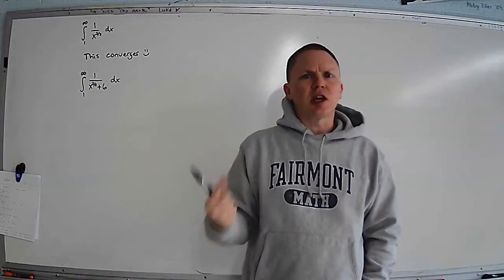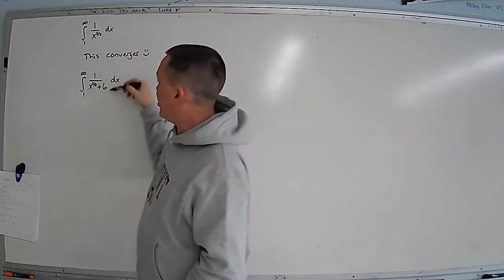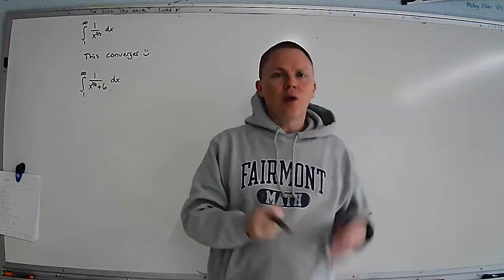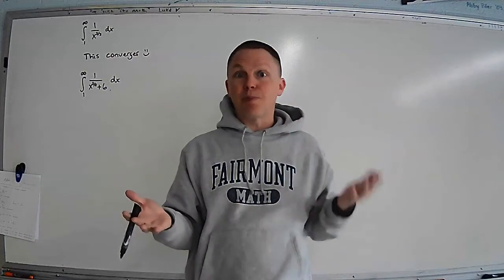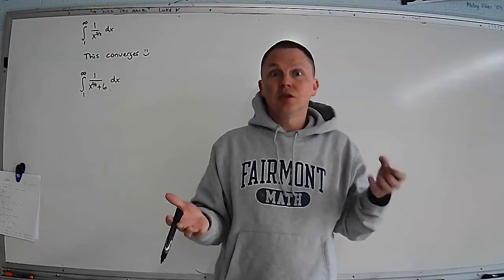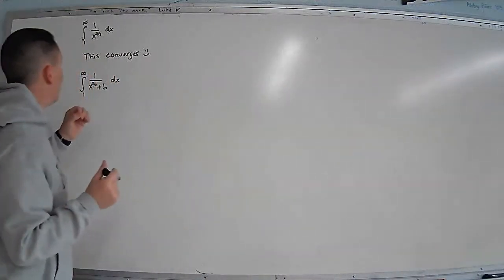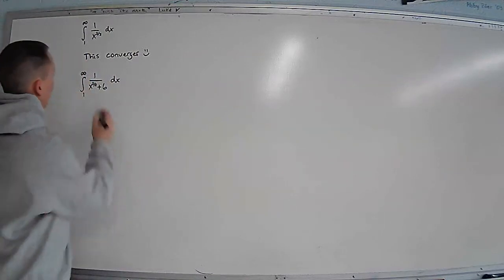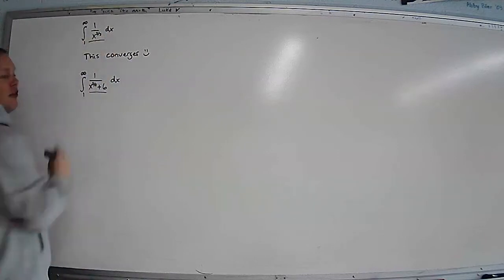But let's think for a second what that plus 6 in the denominator does to this function compared to this function. If you really think about it, what happens if you're comparing two fractions where the numerator is the same but the denominator is bigger? The one with the bigger denominator is actually smaller. So that means this function right here is always smaller than that function right there.